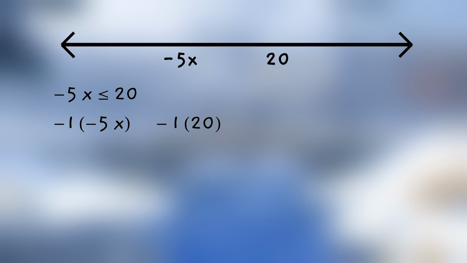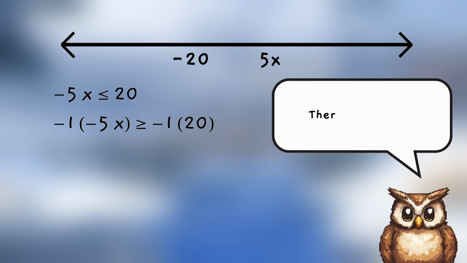And so while -5x lies to the left of 20, when we flip it, it now lies to the right. So that means by multiplying by -1, the number on the left, -1 times -5x, that does represent a number, is now going to be to the right of 20 times -1. That means 5x lies to the right of -20, or 5x is greater than or equal to -20.